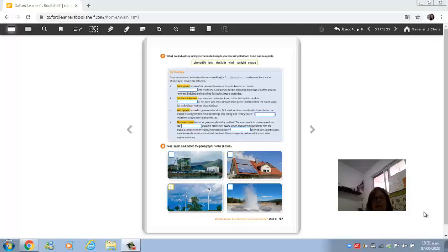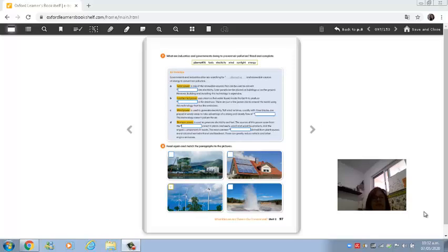For today's class, I want you to have your science book ready, your student book, and your homework notebook. Let's get started. Please open your science book to page 97. And we're going to review a couple of words we have learned.